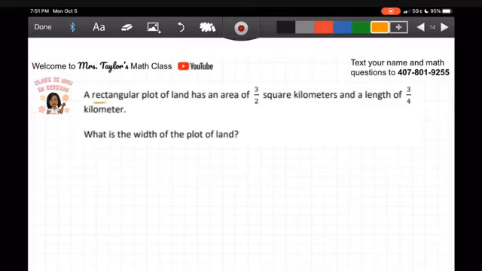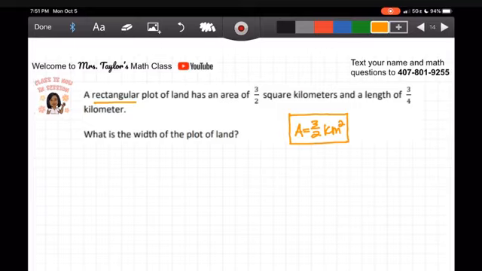And there's nothing wrong with you drawing a picture to figure out what you are going to do. So, it tells you that the area, and we go ahead and write that in the middle, is 3/2 kilometers squared. And then the length is going to be 3/4 kilometers. And you need to find the width.